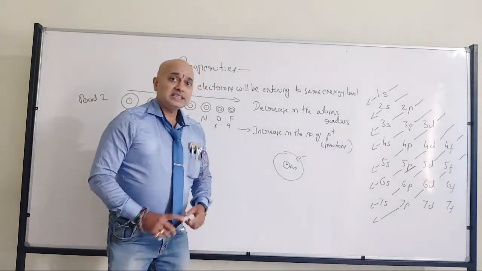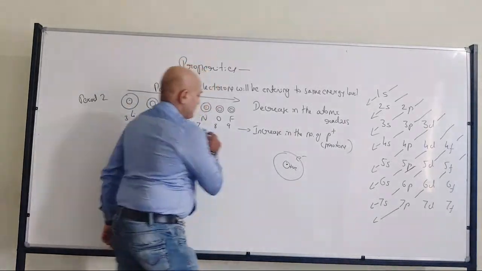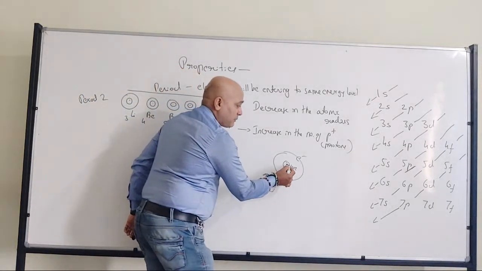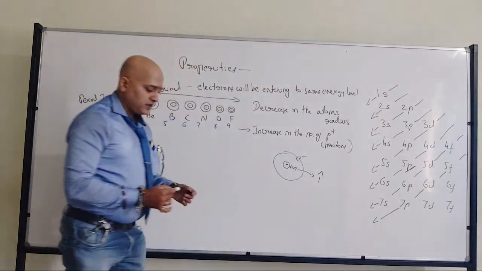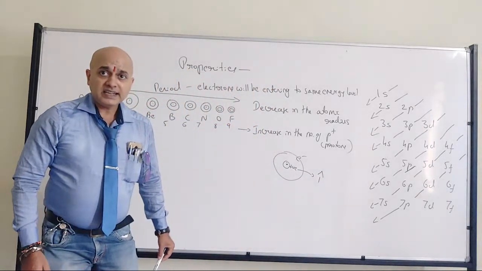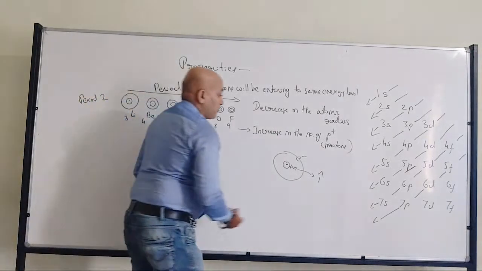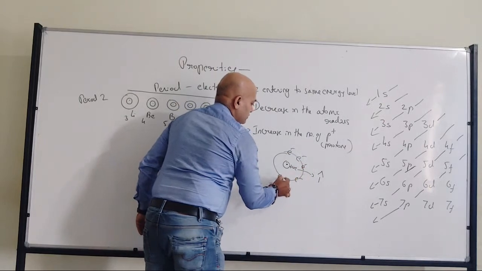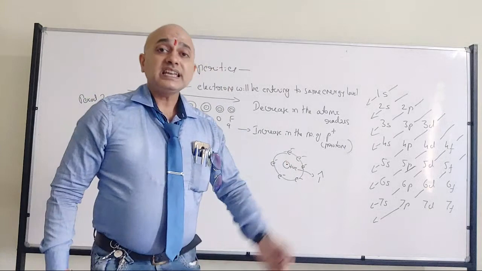Now, since we are increasing the number of protons as we are moving across the period, that means we are increasing the positivity of the nucleus. At the same time, electrons are entered into the same energy level.